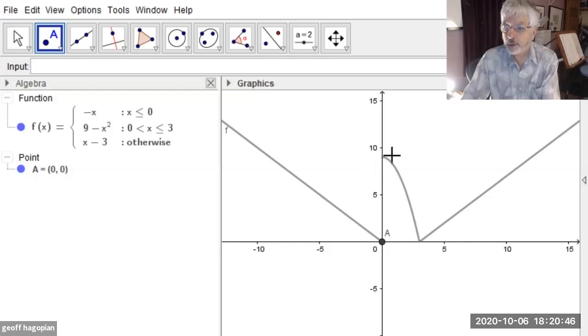Then I want to put an open dot around this point 9 on the y-axis. And the way I'm going to do that is by typing the word circle. And it says, okay, you want to circle, where do you want to center it? Well, I want to center it at 0, 9. And then, what would you like the radius to be?